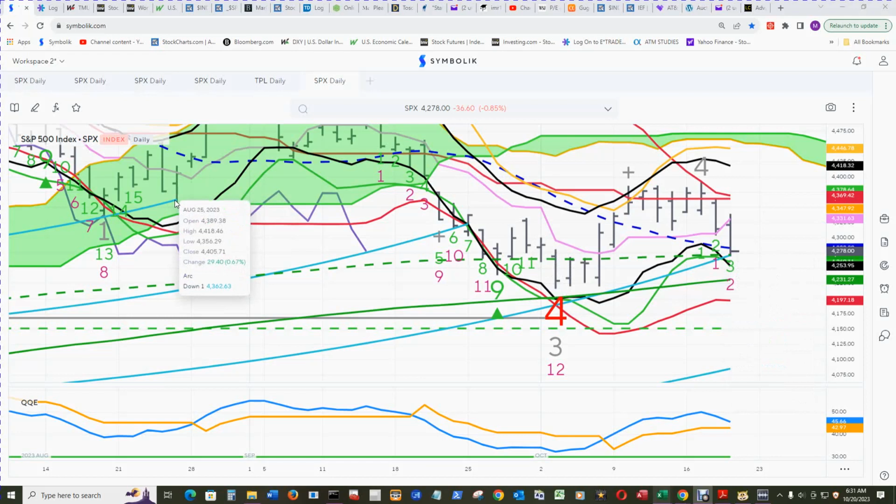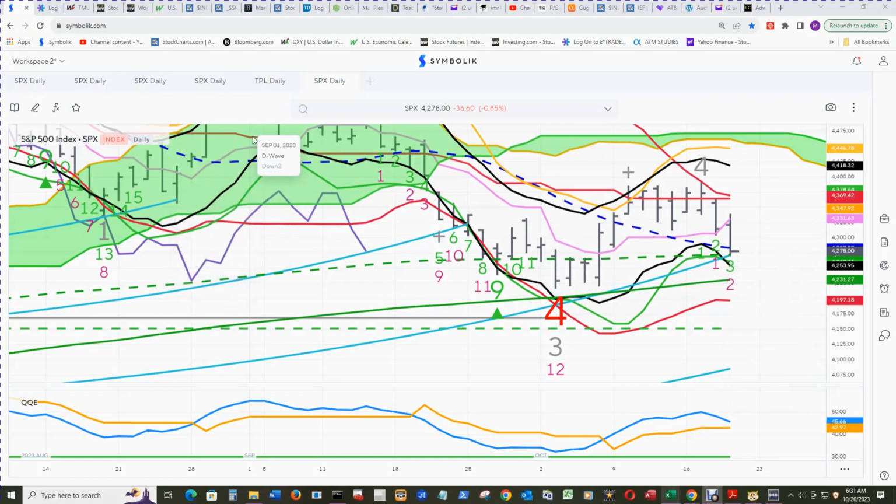Similar to this one back here, this is the 0.382 arc down 1. You can see it was nailed and then headed to the upside. So we need to see that here. If that gets broken to the downside, then there'll be definitely more downside price action.